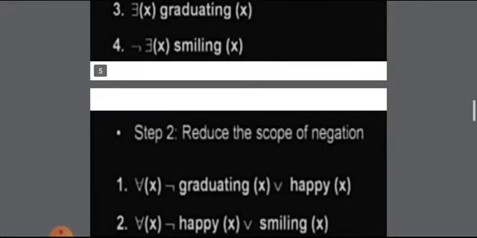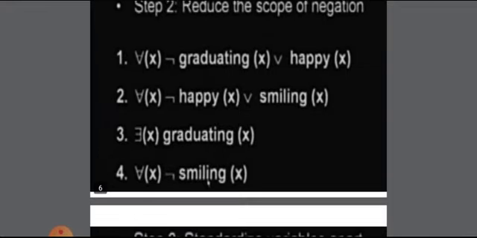Now that is removed. See again the fourth statement: here it becomes universal of x such that negation of smiling of x.